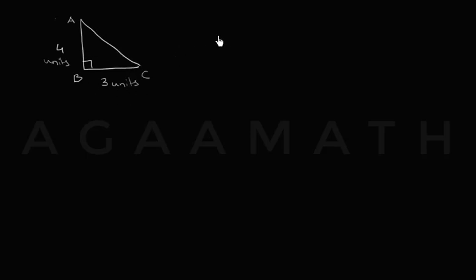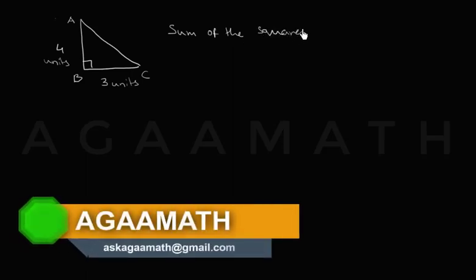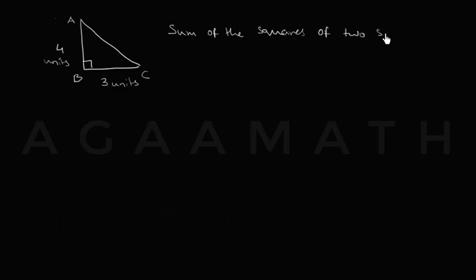According to the Pythagoras theorem, we have that the sum of the squares of two sides is equal to the square of the hypotenuse.